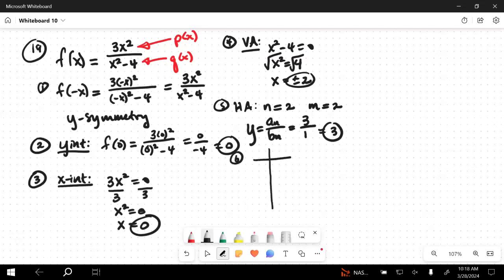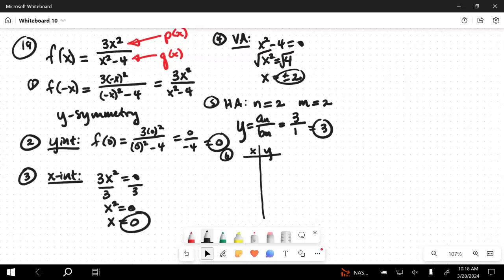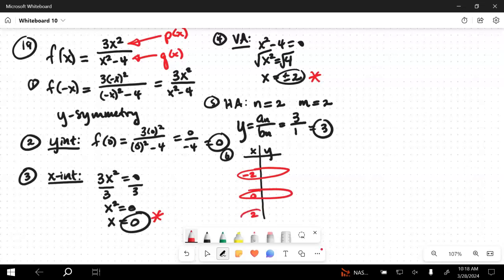For 6, we're going to build a table. We're going to start by putting the values we don't want on there. It says plot at least one point between and beyond each x-intercept and vertical asymptote. So we don't want -2, but it's going to help us build a table. 0 and 2.